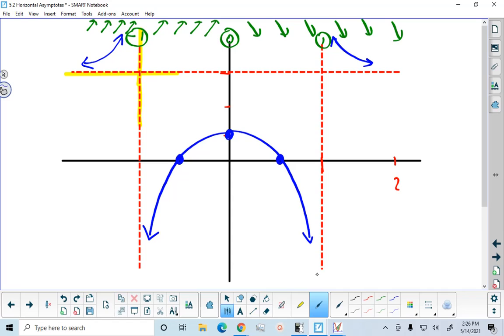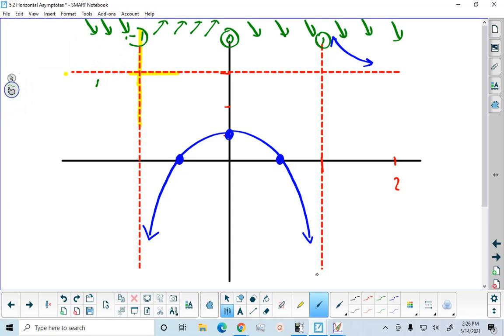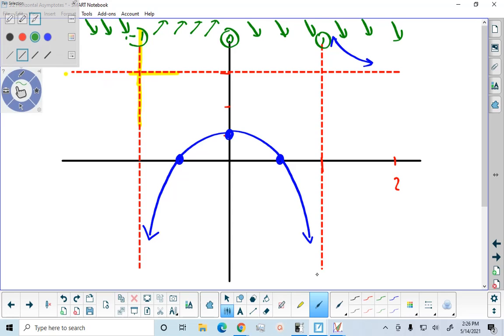If the function up here was decreasing, it's not, but if it was decreasing there, then your only option to sketch it would be to sketch that, in which case you will have known that you made a mistake, because that is going to have another x-intercept, and there wasn't another x-intercept.